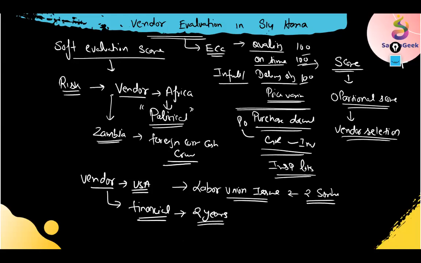When somebody goes with a questionnaire and, based on it, checks all the compliance, legal compliance, certifications, everything, and based on that you give a score to the vendor, that is called your soft evaluation, and that is called your vendor soft evaluation score. SAP has given this the name questionnaire score.